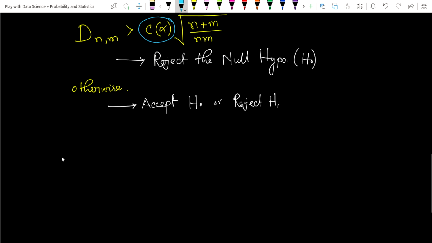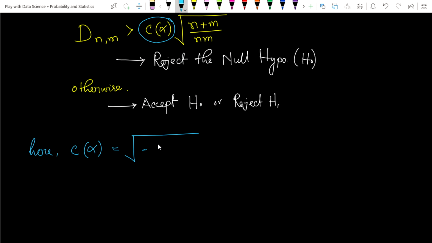The general form of C(alpha) is: the value of C(alpha) is equal to the square root of minus half of the natural logarithm, log base e, of alpha by 2.